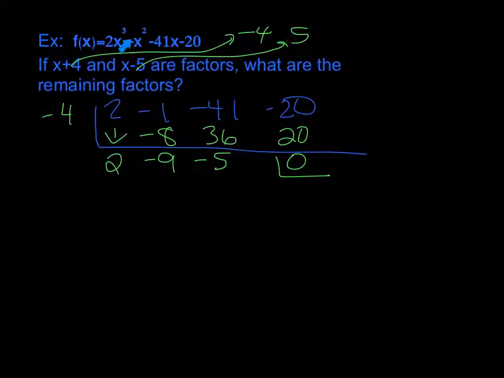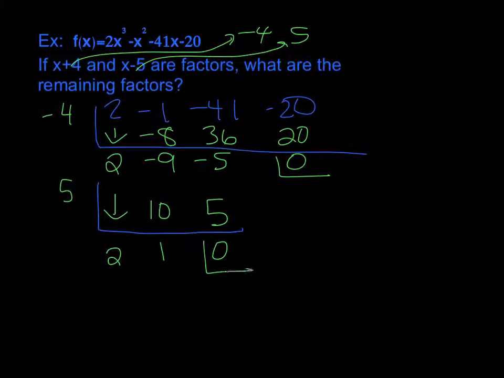Instead of trying 5 on the original, you're going to try 5 on the condensed one, not including the 0. So now I'm going to do 5 on here. That leaves me with 2, 10, 1, 5, 0. So this is your constant term, this is the coefficient for x, and the remaining factor is 2x plus 1.